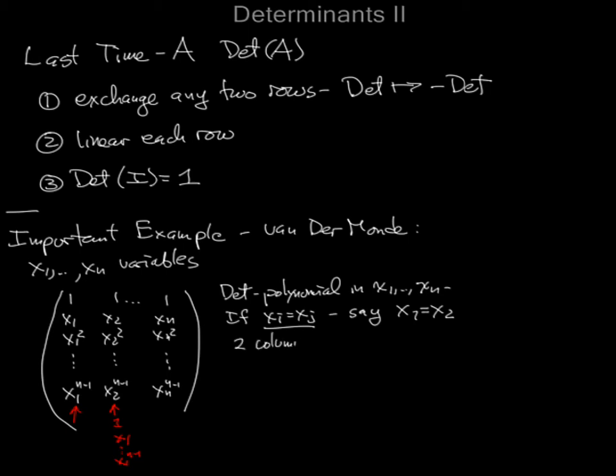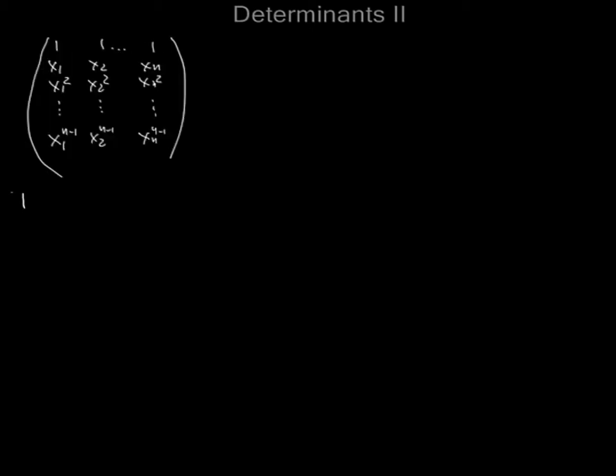So by the basic property, if two columns are the same, the determinant is 0. And by properties of polynomials, that means that this determinant function has a factor of xi minus xj, because when you set xi equal to xj, you get 0.